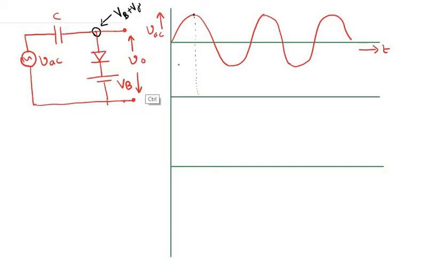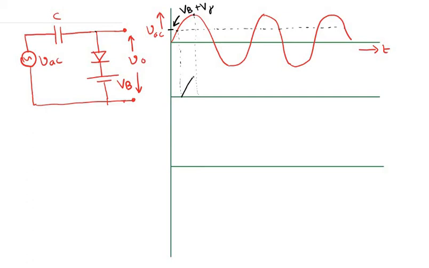Okay, so let me draw this level here, VB plus V gamma. Let us assume that this level is VB plus V gamma, and when the total input voltage surpasses VB plus V gamma, then the capacitor starts to charge up.